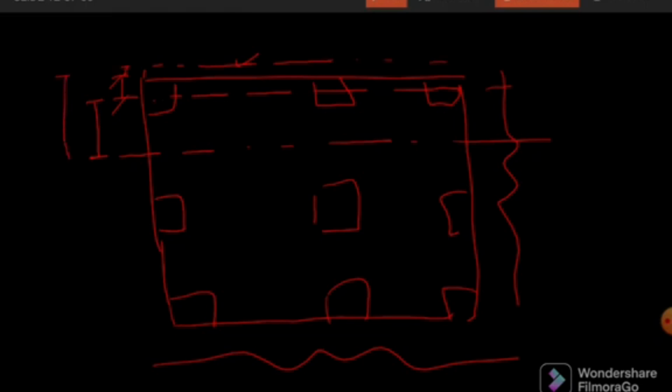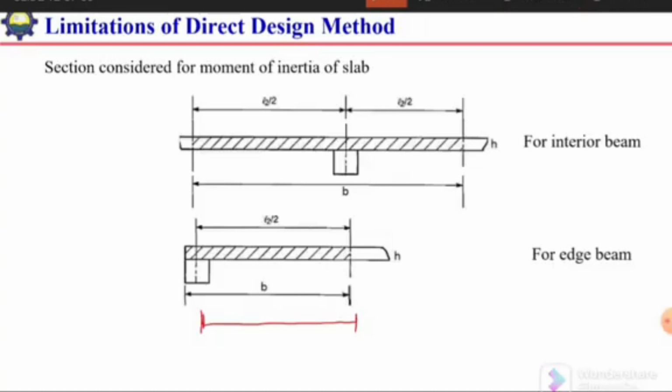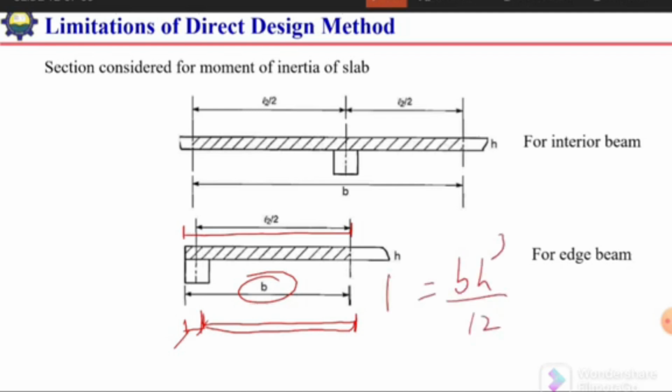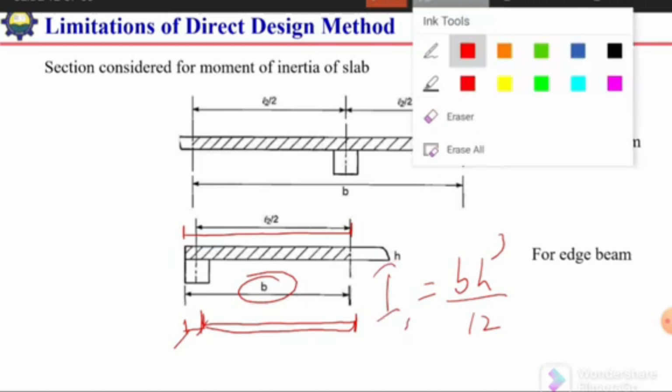So this much length will be considered as the width of slab to calculate the second moment of inertia of slab. This is the length of half panel plus half of the column width, so actually from where the slab starts up to the center of the span of the panel. So this is B, the width. So we have B, we have H. The second moment of inertia will be B H cube over 12 for slab. So this is for edge beam.